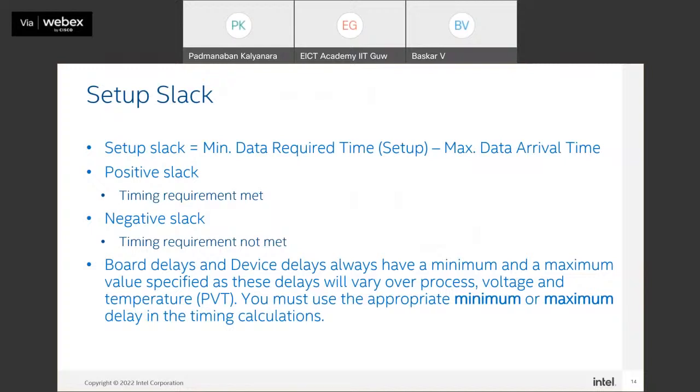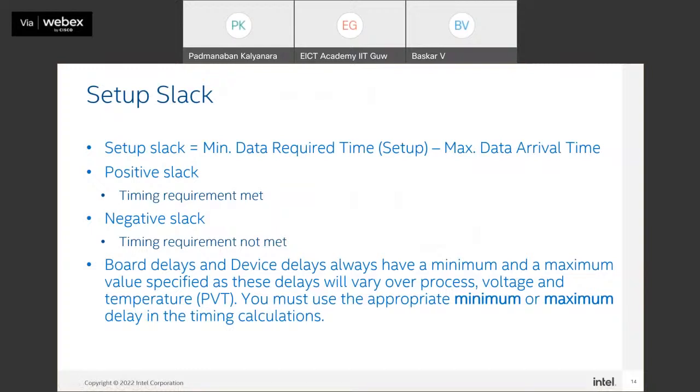If it is a negative slack, then the timing requirement is not met. So when you do RT minus AT for setup, if you get a positive number, there is no setup violation. If you get a negative number, then there is a setup violation. That's the basic idea.